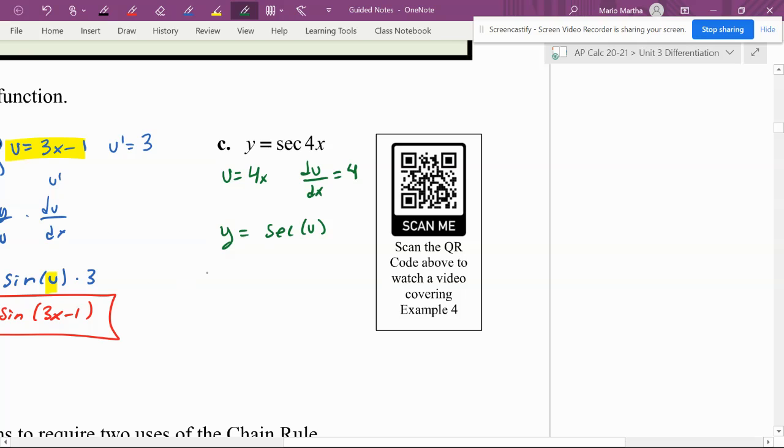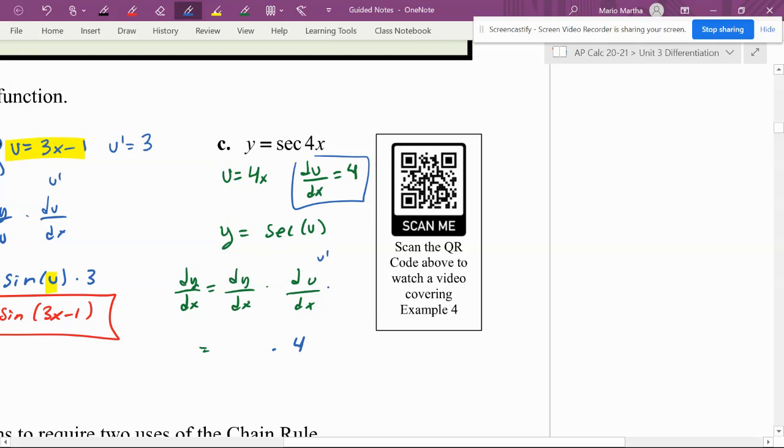And then dy dx equals the derivative of y with respect to u times the derivative of u with respect to x. So again, we have du dx, that's just our u prime.